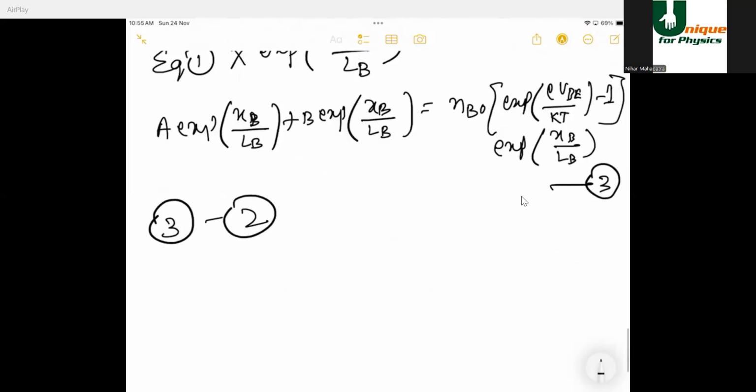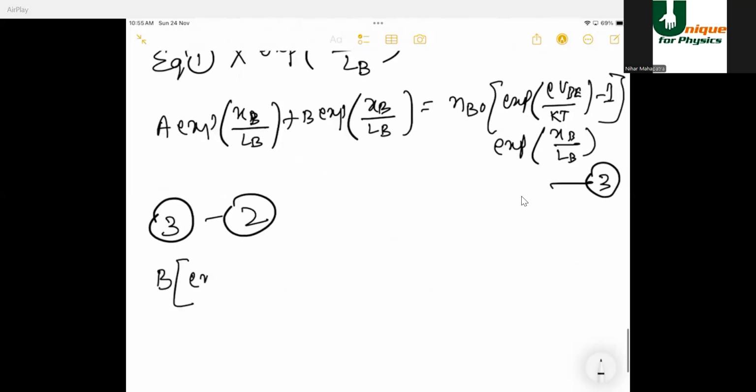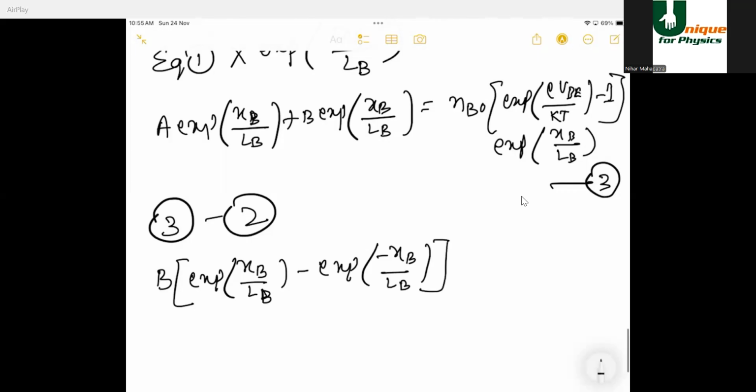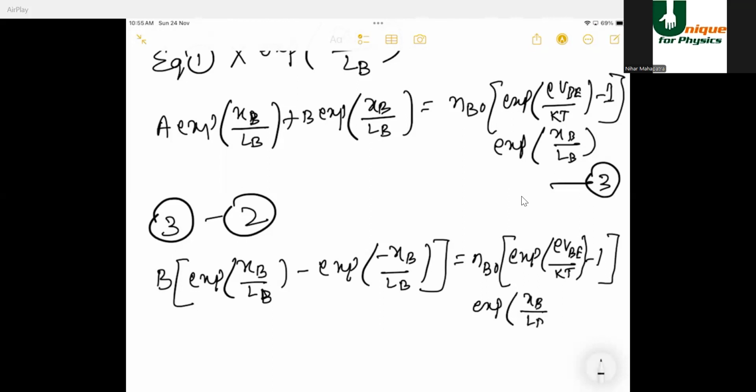That was our objective. So if you do that, B times exponential of xb upon lb minus exponential of minus xb upon lb is equal to nb0 exponential of e vbe upon kt minus 1, multiplied with this exponential of xb upon lb, plus nb0. This is what we got, 3 minus 2.